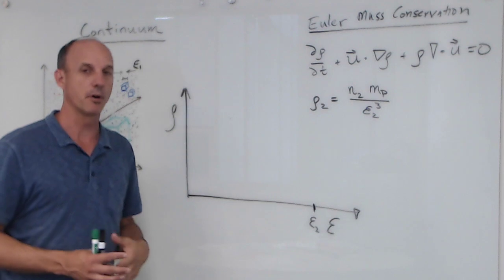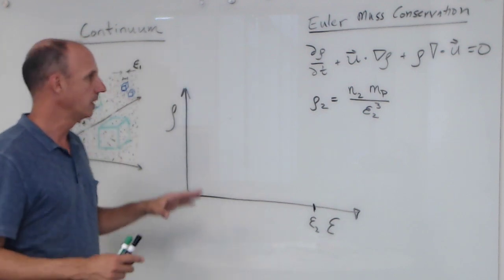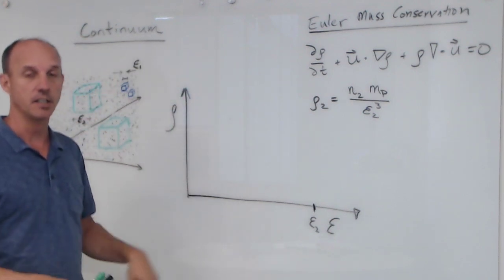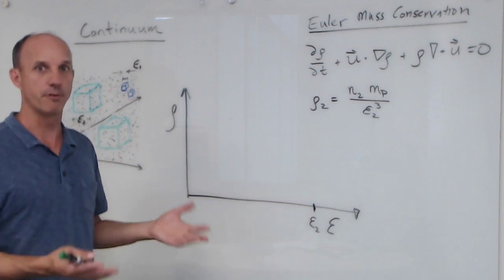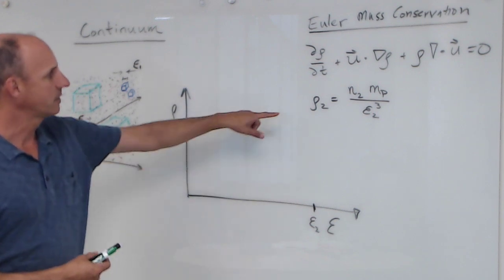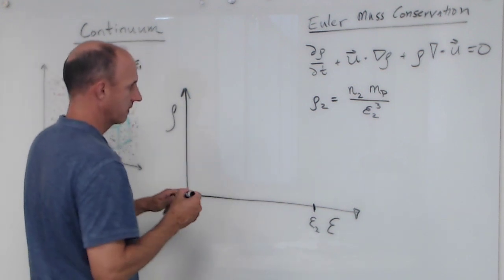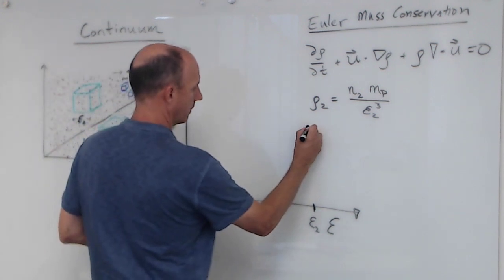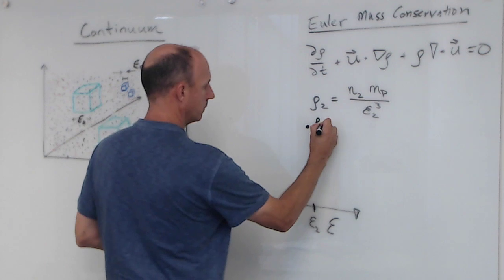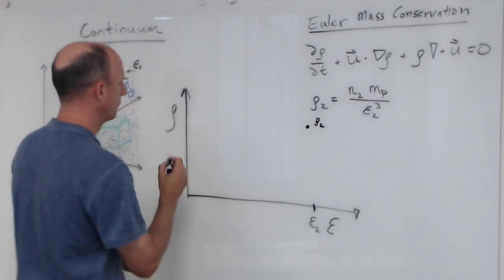If the distribution of particles is uniform, you can put the box in a different location. The same number of particles will fall inside the box, and so your density will be the same in both cases. And for the sake of a plot, I'll just put that point right here. We'll call that rho 2. Okay, so we have epsilon 2 and rho 2 right here.